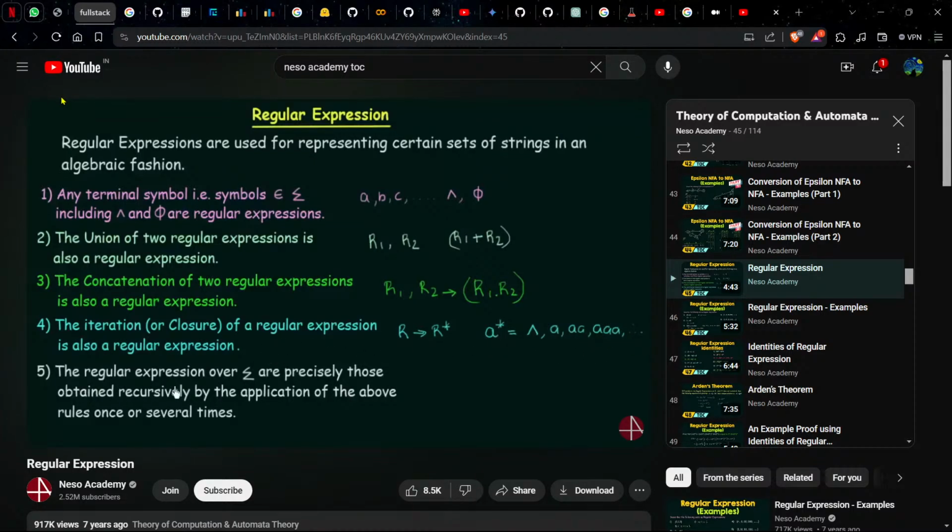And then the fifth point says that the regular expressions over sigma are precisely those obtained recursively by the application of the above rules once or several times. So all the regular expressions over sigma, what are they?